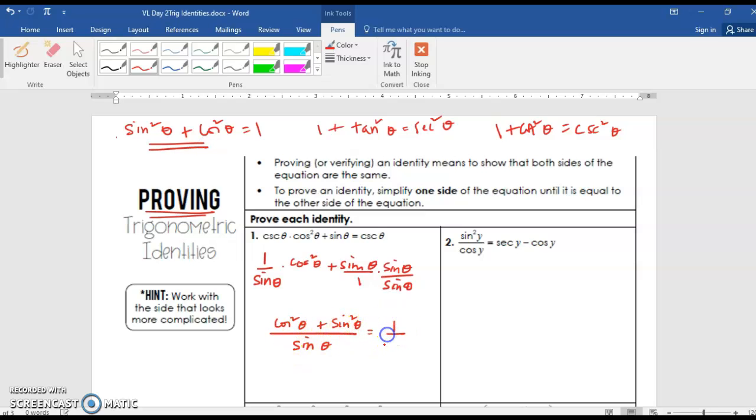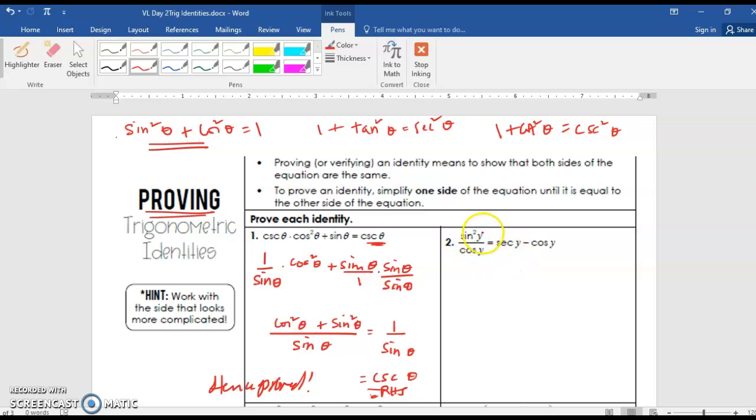So this becomes 1 over sine theta, which is also cosecant theta. So isn't this the same as the right-hand side of the equation? So we just proved it. So hence proved, right? Likewise, you just have to figure out a way to simplify.